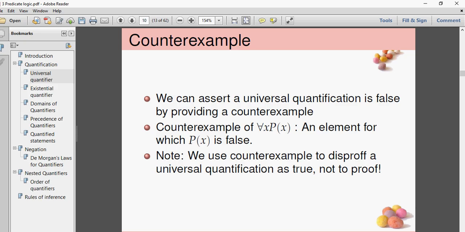So if I find one false, that means it is not correct. We can use a counterexample to disprove a universal quantification, not to prove it as true. So I will find P(x) false, so I can disprove the universal quantification.